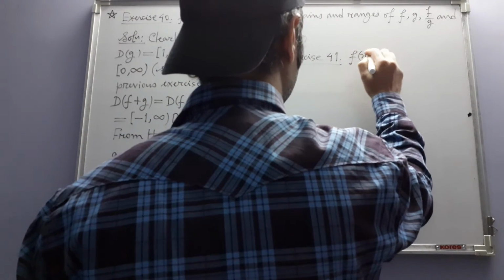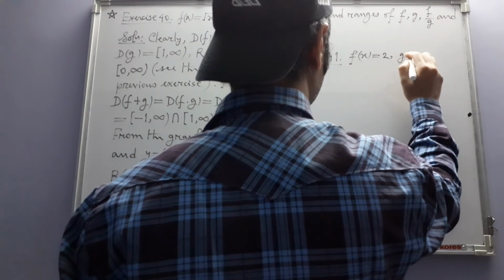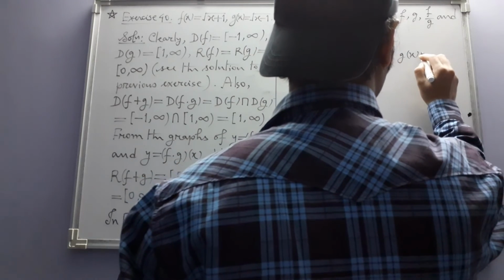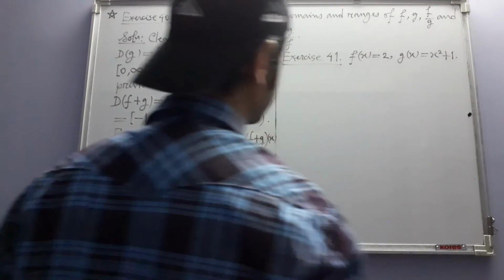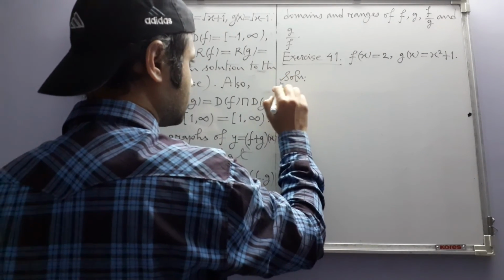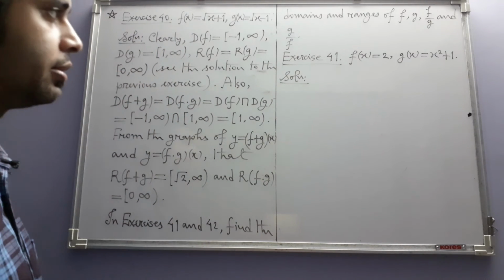F of x is 2 and g of x is x square plus 1. To save time, I will just simply write the things.